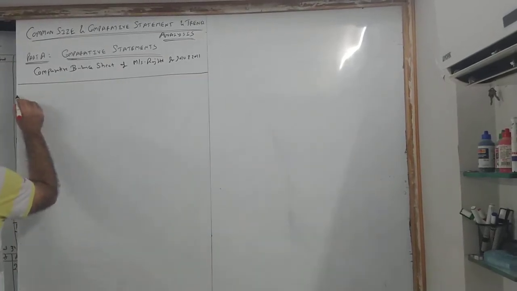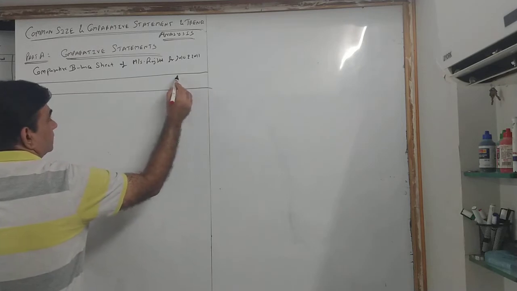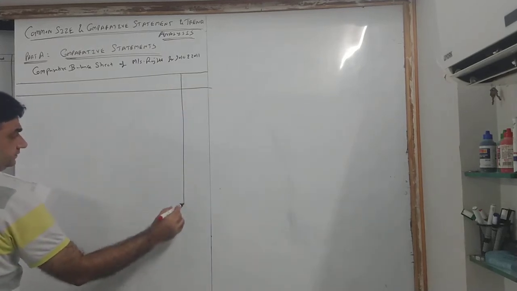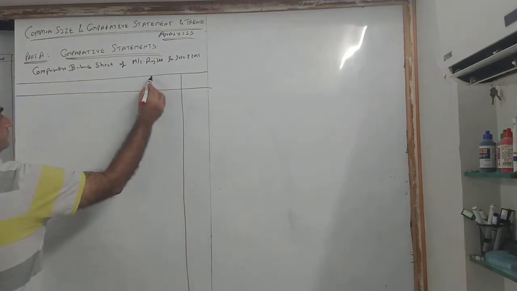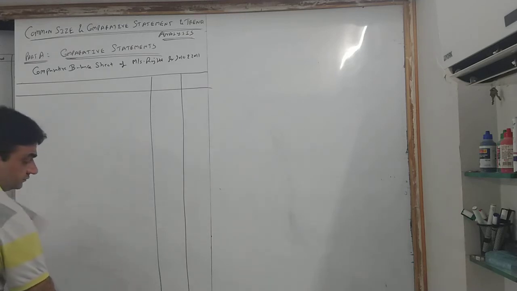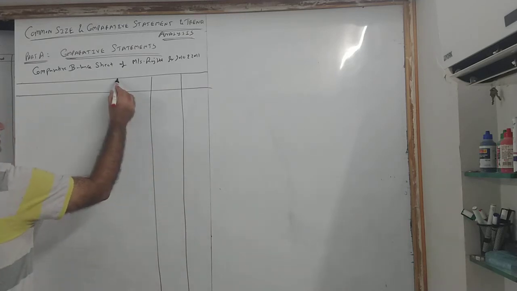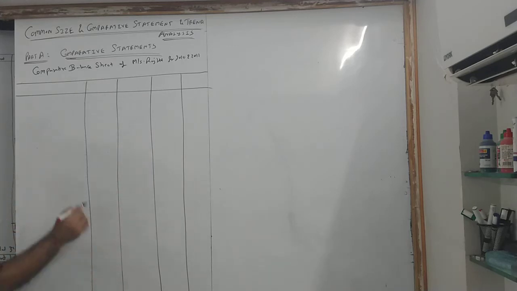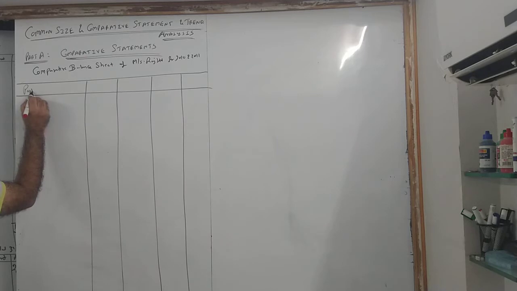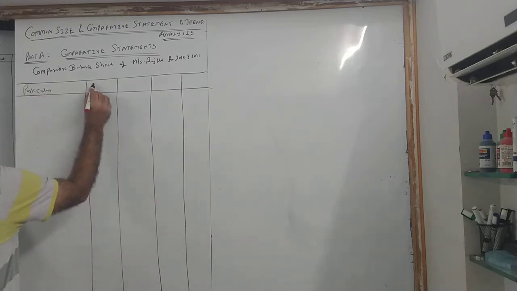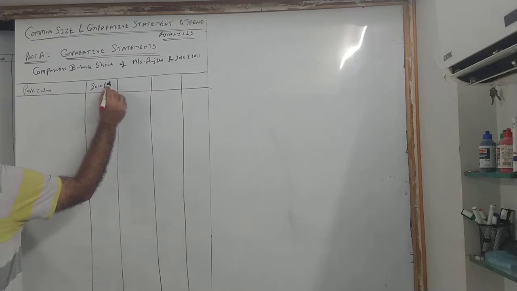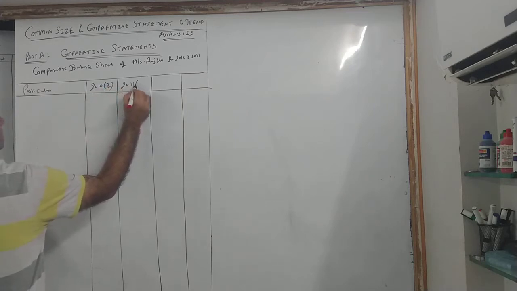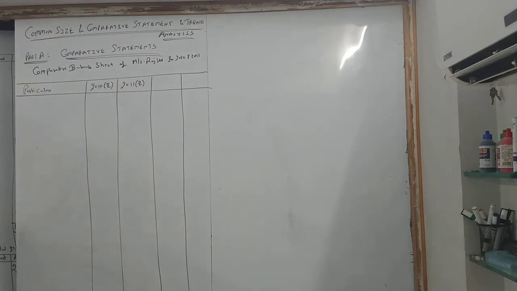Now see your columns. There will be particulars plus 4 columns. I'll tell you what the 4 columns are. Particulars, then the first year, 2010 rupees, and 2011 rupees. You get 2 years.